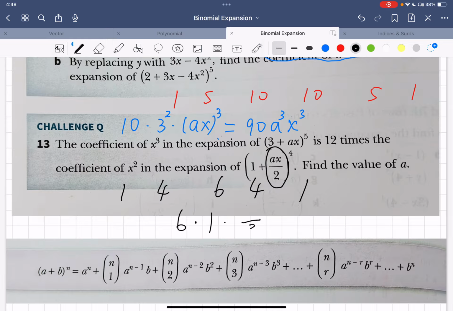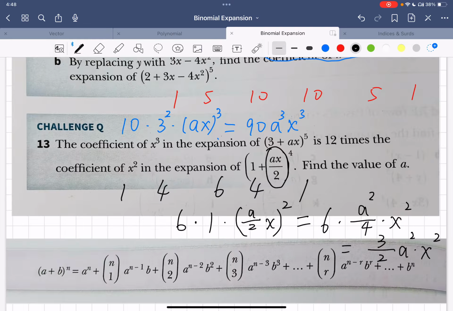Times a over 2 times x, power to the 2, right? And it should be equal to 6 times a squared over 4 times x squared, and then we've got 3 over 2 a squared x squared.